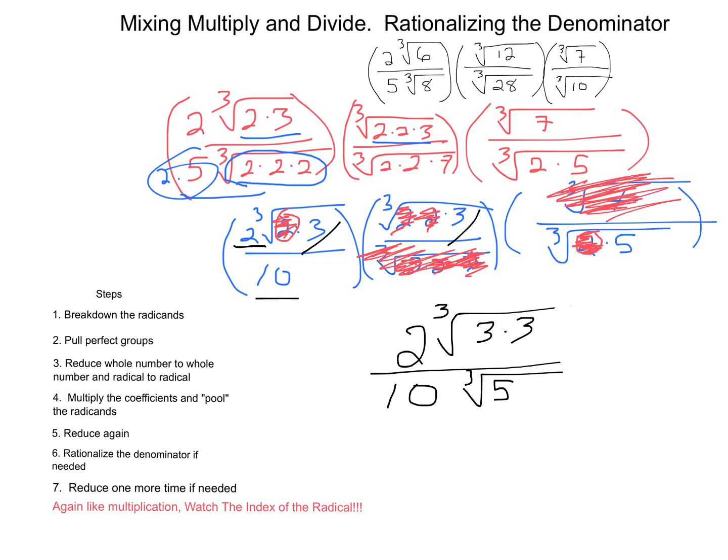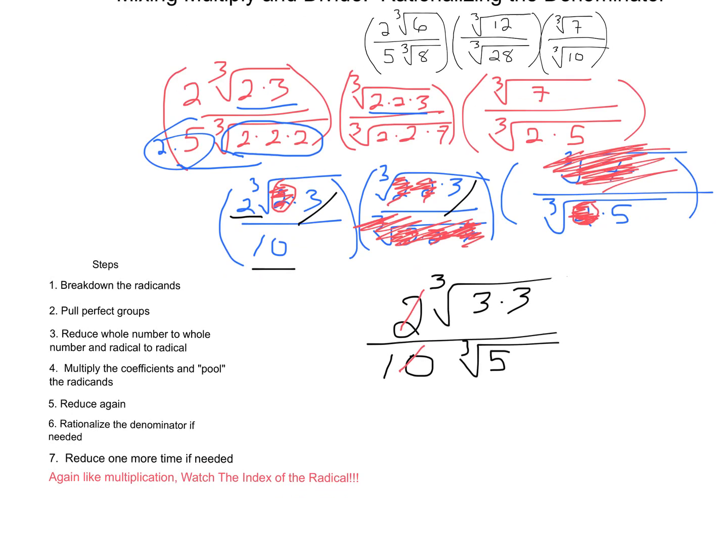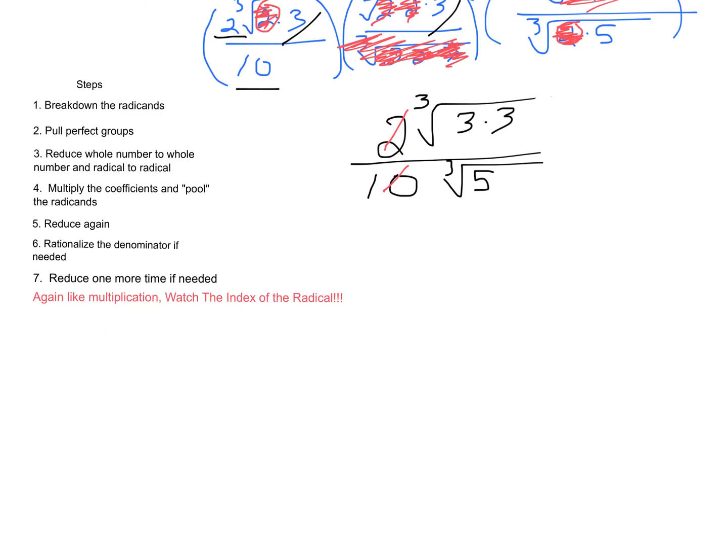Now, our next step is to try to reduce again. Anytime you multiply radicals, you should always try to reduce again. So again, the 2 and the 5 I can. 10 I can. So I'm going to get cube root 3 times 3 all over 2 cube root 5.